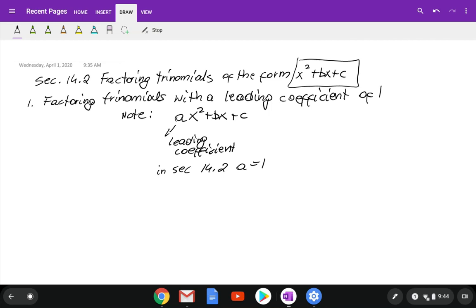Okay, b is a coefficient in front of x, and c is a real number.